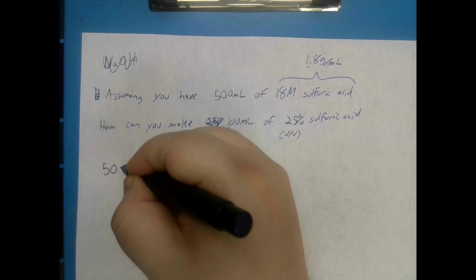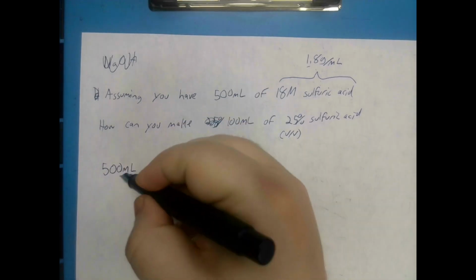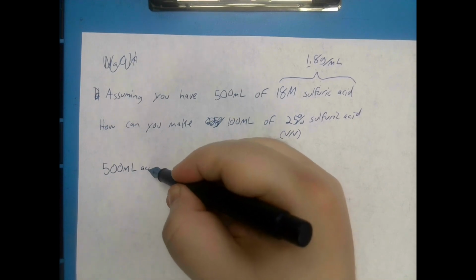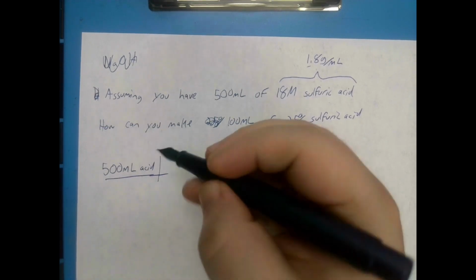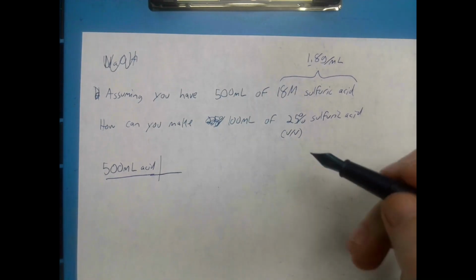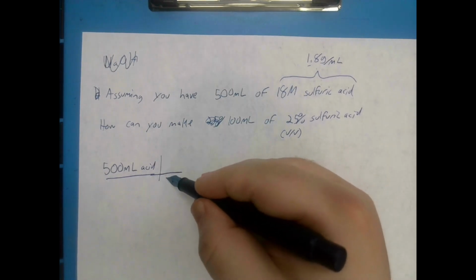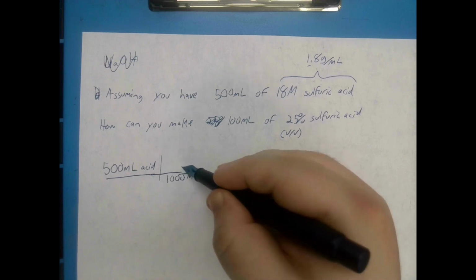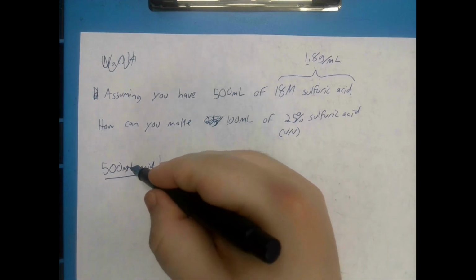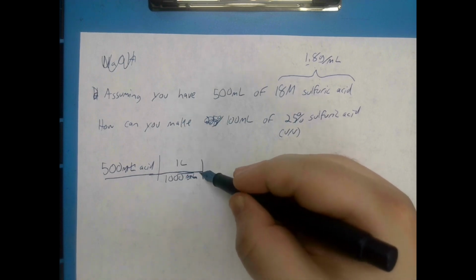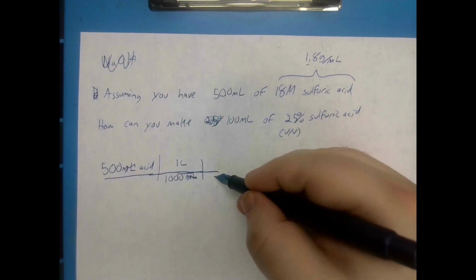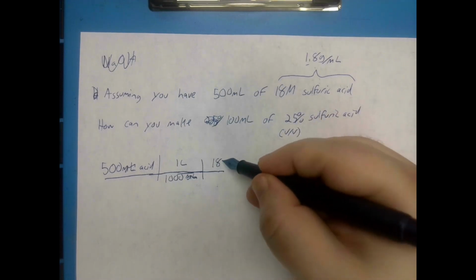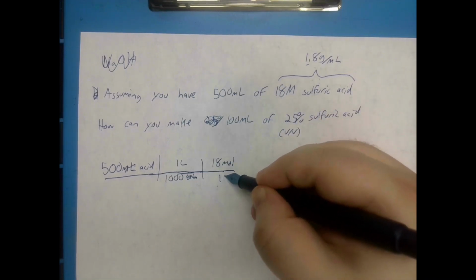So 500 milliliters of sulfuric acid. We know 1,000 milliliters is 1 liter, and the molarity tells us we have 18 moles per 1 liter.